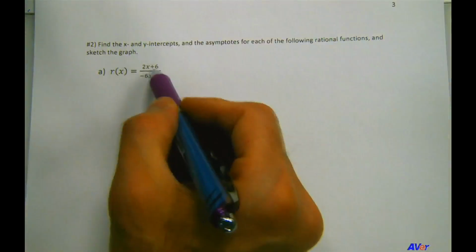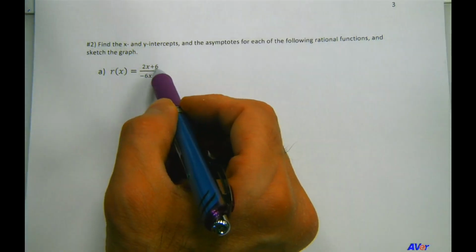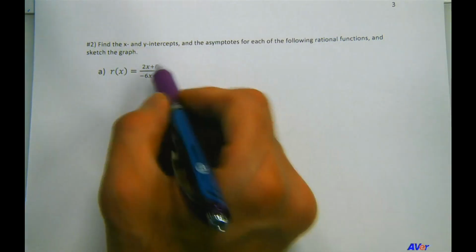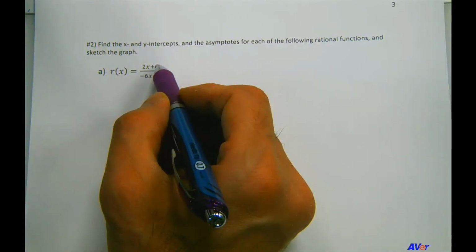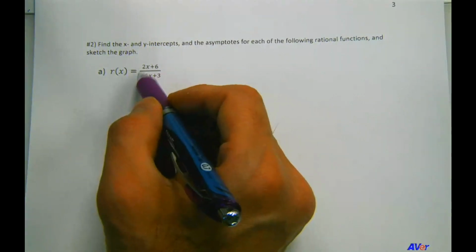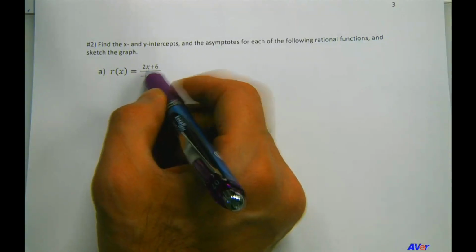I mean, you can factor that, 2 times x plus 3, but if you have factors that are binomials, you can factor the 2 out, but it's not going to make a whole lot of difference.